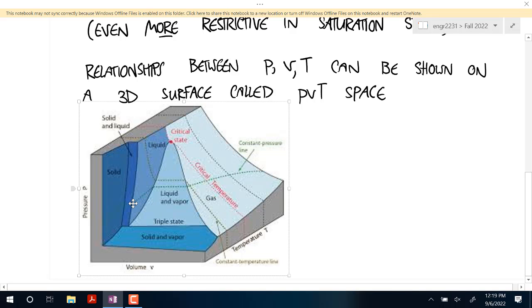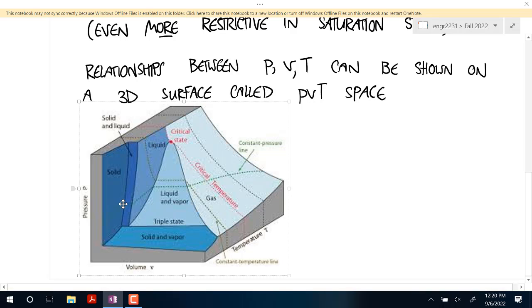Follow this along here. Now this second ridge is where you're going in between solid and liquid. Once you get to this phase change point, you're at a saturated liquid. Now any decrease in energy is going into turning the liquid into a solid. There's no change in temperature, but there is a decrease in volume in this case.